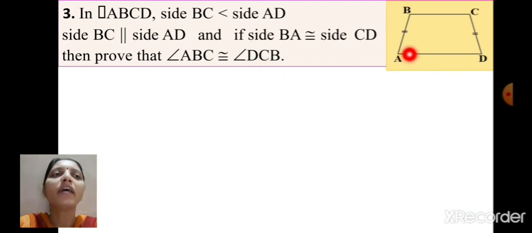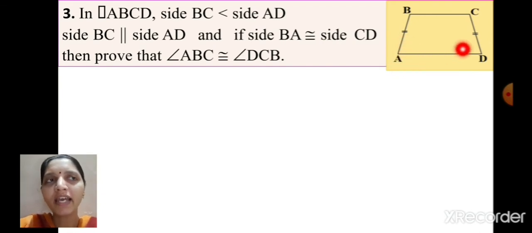So here this quadrilateral is given as an isosceles trapezium because the non-parallel sides are congruent. So in this trapezium we have to show that angle ABC is congruent to angle DCB. Now we know the property of trapezium. The base angles of the trapezium are congruent in isosceles trapezium.